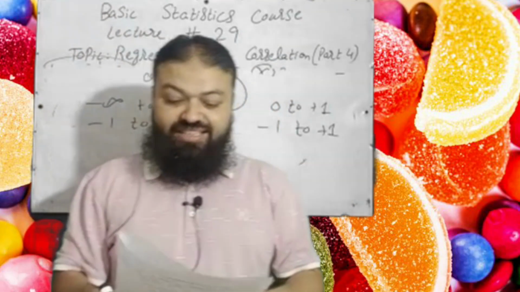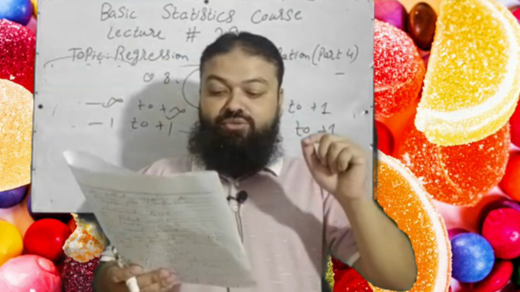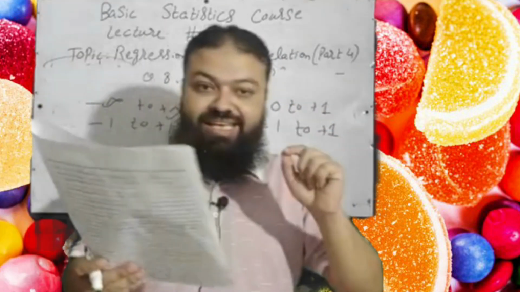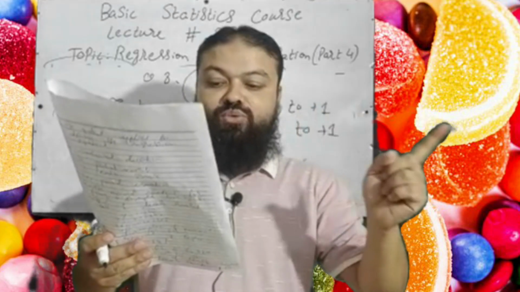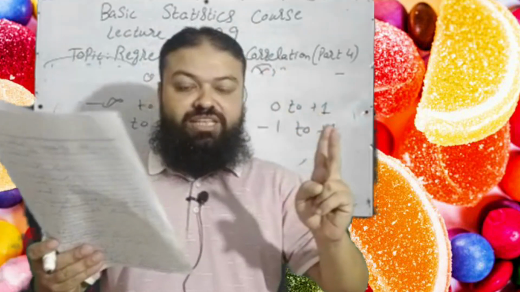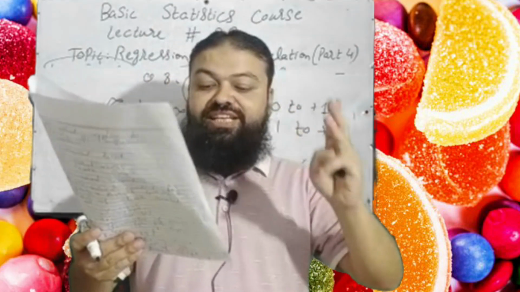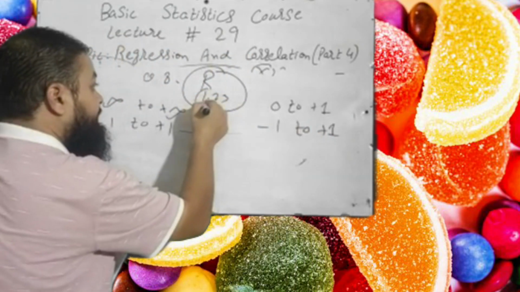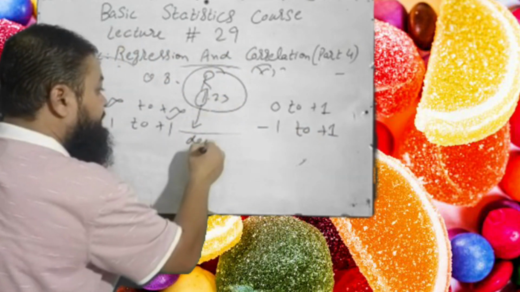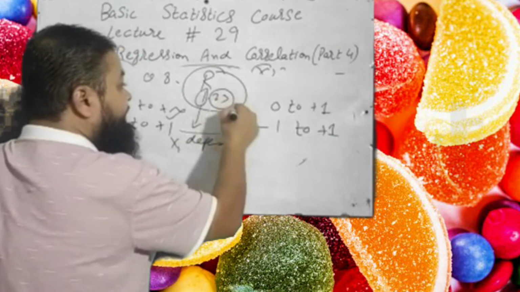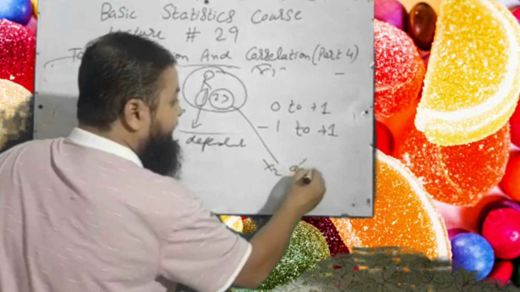Question number 9. The multiple correlation coefficient R1.23 involves A, 1 independent and 2 dependent variables. No, incorrect. B, 3 independent variables. Incorrect. C, 3 dependent variables. Incorrect. Dear students, that is actually the dependent variable. X1 is the dependent variable, and after the dot there are 2 independent variables, x2 and x3.